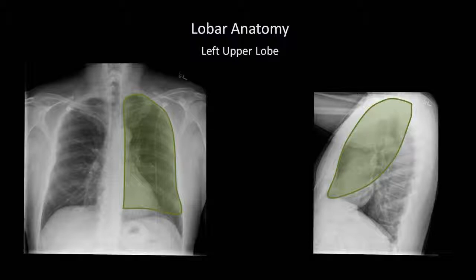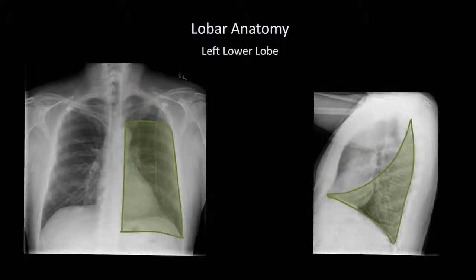And then the left upper lobe, which anatomically would probably be better described as the left anterior lobe, and the left lower lobe, which would be better described as the left posterior lobe.